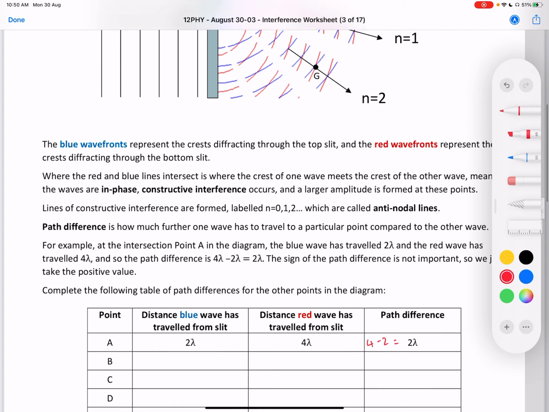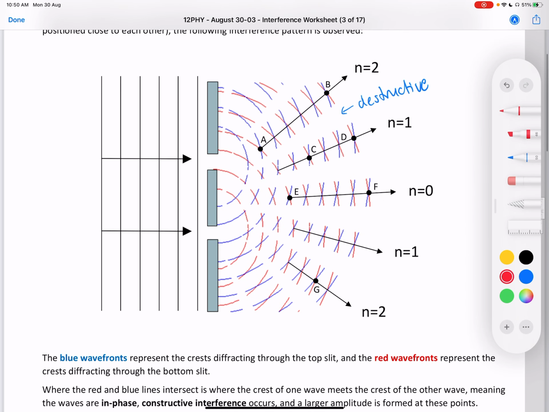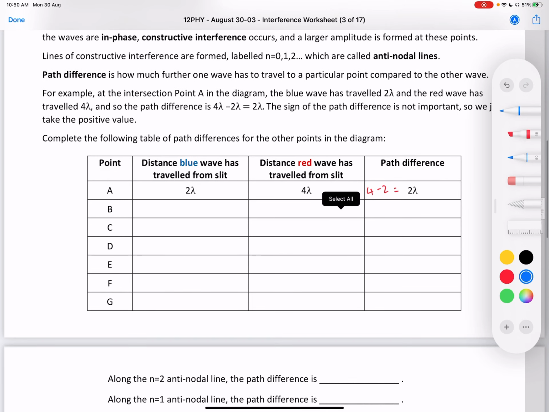Let's do the same for B. 1, 2, 3, 4, 5, 6, 7. And 1, 2, 3, 4, 5, 6, 7, 8, 9. So 7 lambda, 9 lambda, equals 2 lambda difference again.